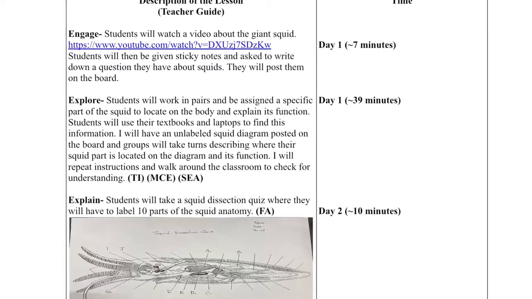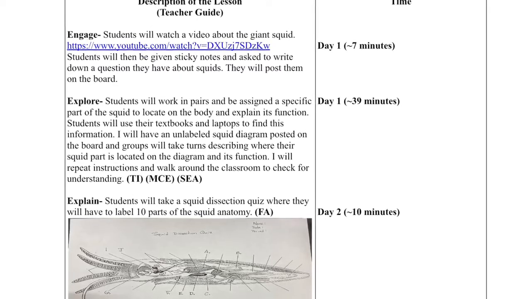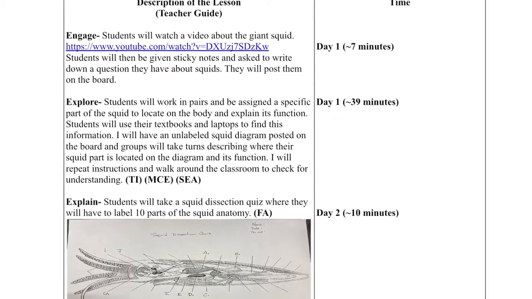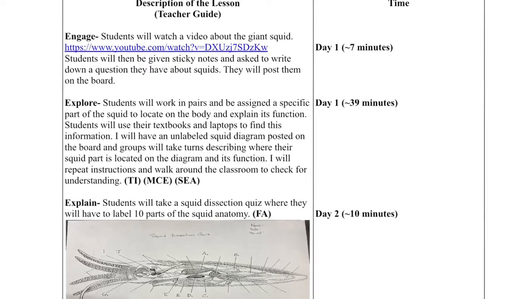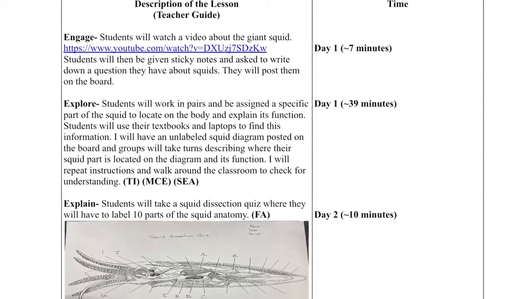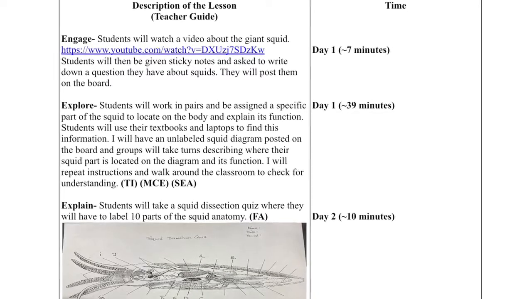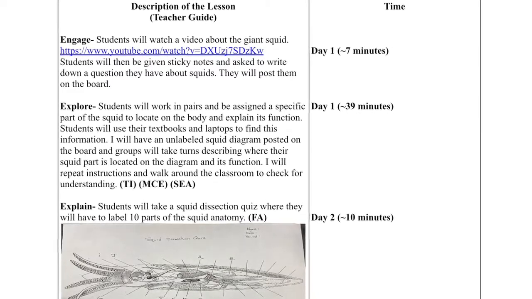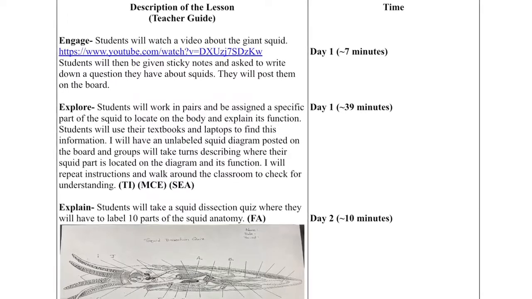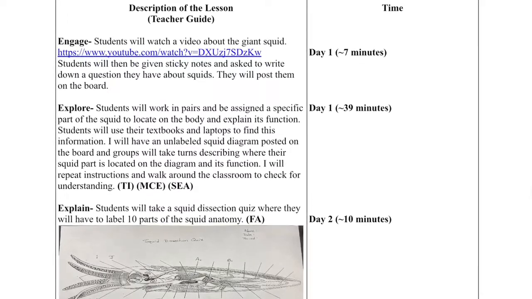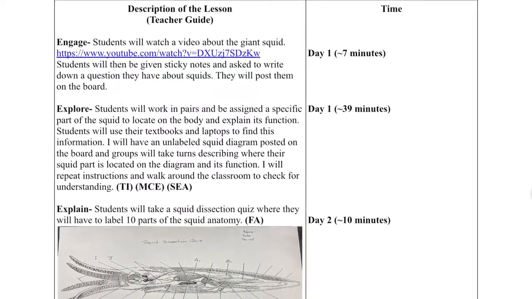And then for the explore section, we'll have students work in pairs, and they'll be assigned a specific part of the squid's anatomy, and they'll have to look up the information either in their book or on their laptops, and they'll have to explain where it's located on the body of the squid, as well as its function.